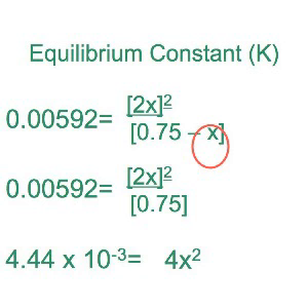So I want you to draw a circle around minus x, and kind of kick it out with an arrow. And that really simplifies the way you solve this problem, because once you've done that, it now reads 0.00592 equals 2x quantity squared over 0.75. And that becomes a much simpler problem for you to solve.